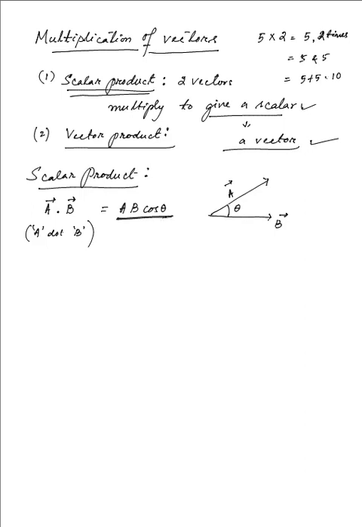Now, as you can see, I haven't given any kind of specific direction to the product, because this is a scalar quantity. Why so? Because it does not have a specific direction. And why is that? Let's see for ourselves.